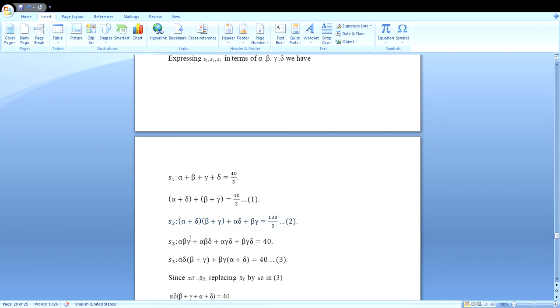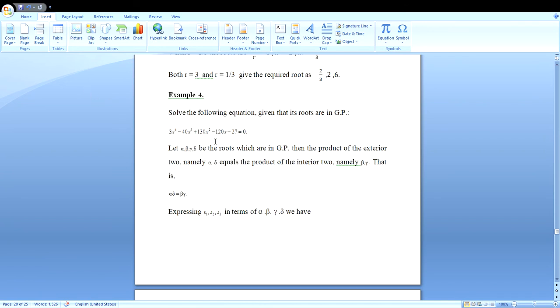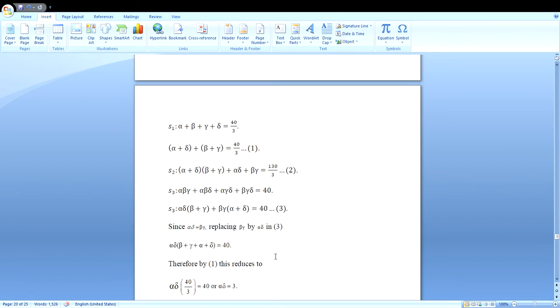Now S2 is taking 2 at a time. We can write this as alpha plus delta into beta plus gamma plus alpha delta plus beta gamma equal to 130 by 3, coefficient of x square by coefficient of x power 4.